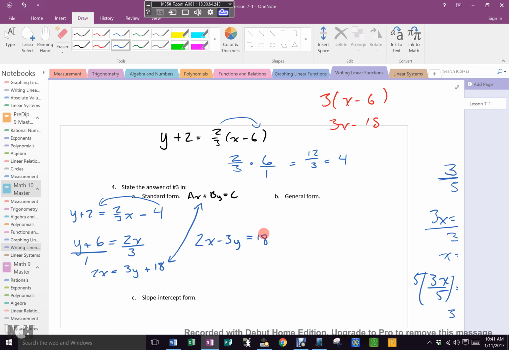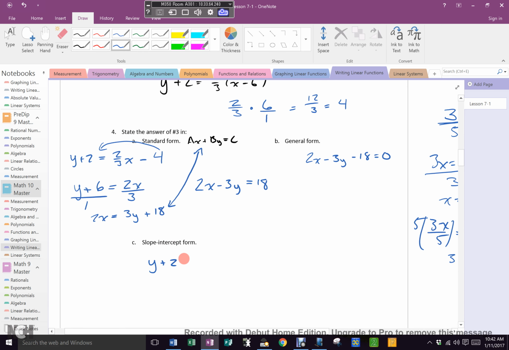Does everyone see what we did? Should I do this the other way that isn't cross-multiplying? Will that help you guys? Or are you all happy with that? Do you all understand what went on there? Yeah? Okay. So general form, super easy. What's got to move? Just the 18. Right?